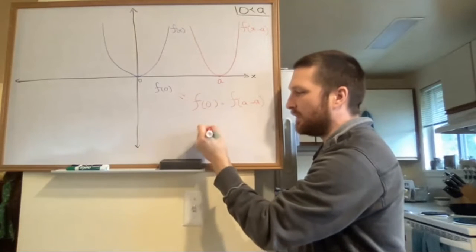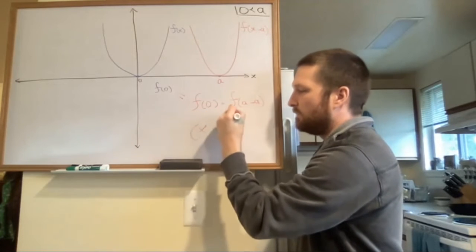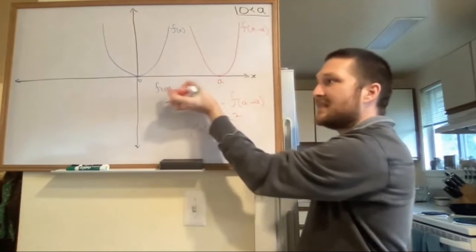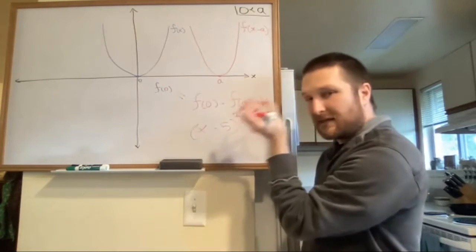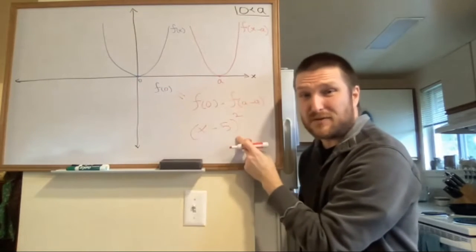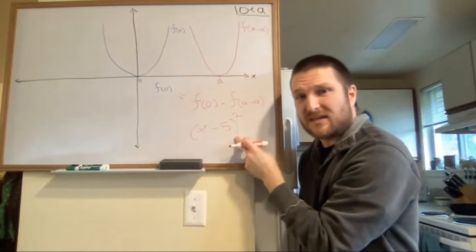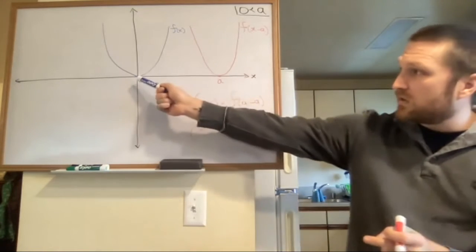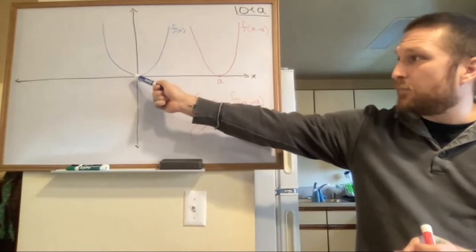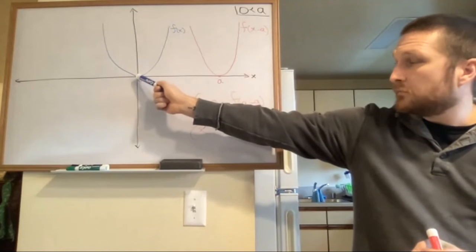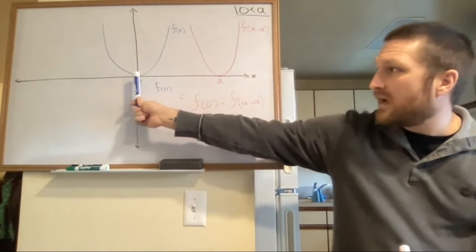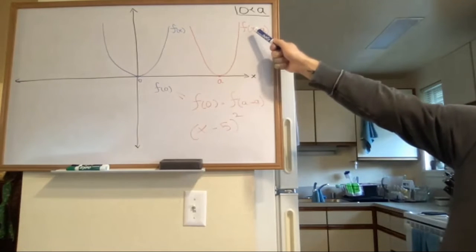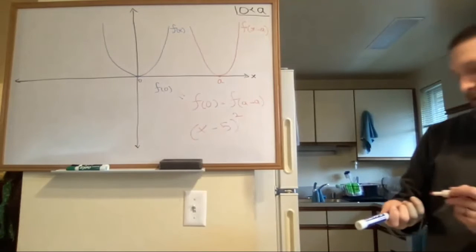Remember when I said, what about x minus 5 squared? What input value do I need to be at the bottom, at the vertex? And you said it has to be 5, because that's the only way you could get 0 as an output. That's all we're saying here too. Since the output at 0 was 0, the only way to get that same output from this is if you plug in an A right there.